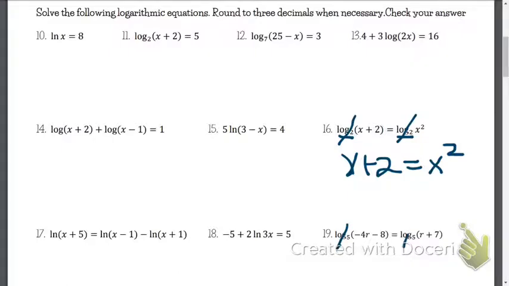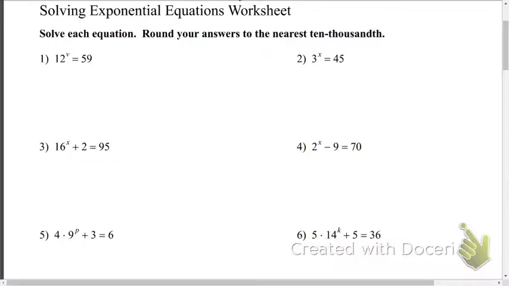Now we're going to move on to solving exponentials. So, let's get some of these done and out of the way. Most of y'all are more comfortable with this form because you understand how to convert at least this form. So, number 1, we're going to convert to log form. There is no perfect square to get 59 for 12, so you need to convert that.